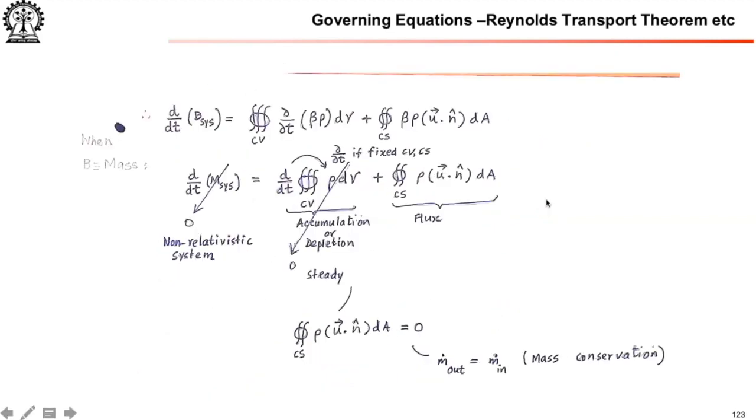Okay, so we said that B can be mass, momentum or energy, and then beta is the corresponding intensive property. So this is mass per unit mass, momentum per unit mass, energy per unit mass.